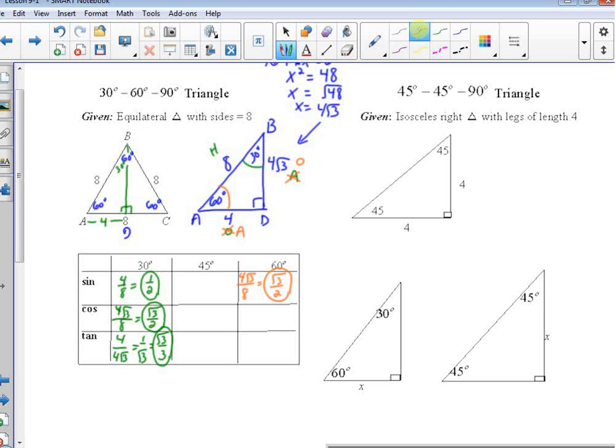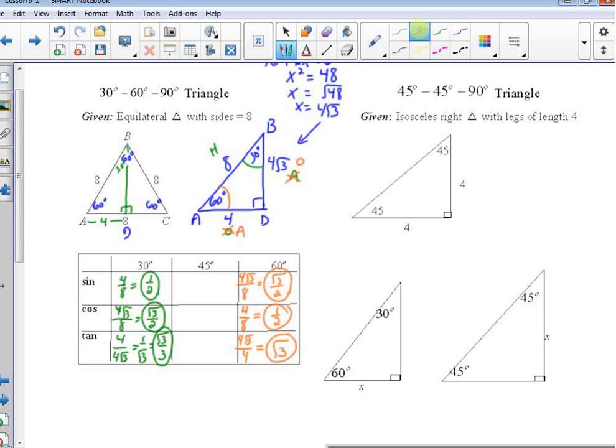Then the cosine of 60 is going to be 4 over 8, which is 1/2. You should notice some patterns there, similarities. And then the tan of 60 is going to be 4 radical 3 over 4, which just turns out to be radical 3. So those are 30 and 60 for sine, cosine, and tan.